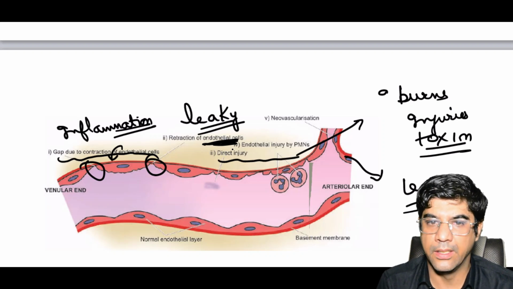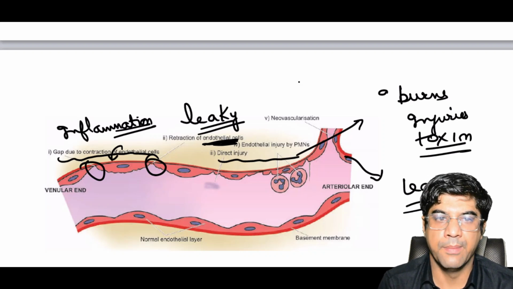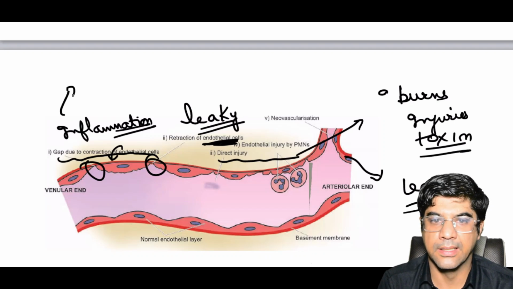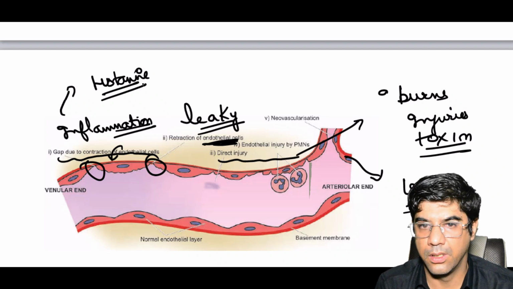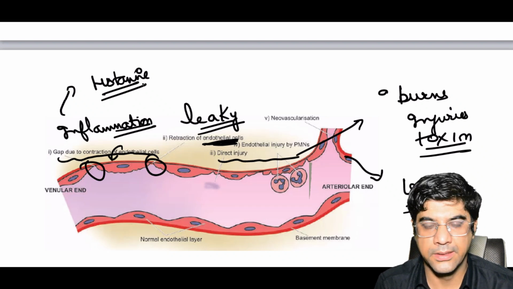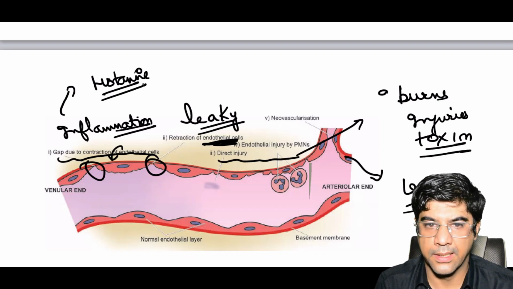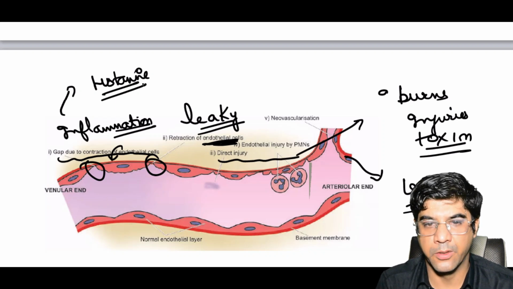That is more likely due to structural changes in the cell, due to chemicals that are released, like histamine. Or there could be direct injury to the endothelial cells, damage that can cause leaky endothelial walls. There could also be damage by the leukocytes.